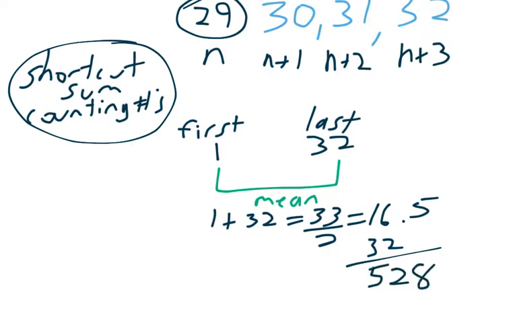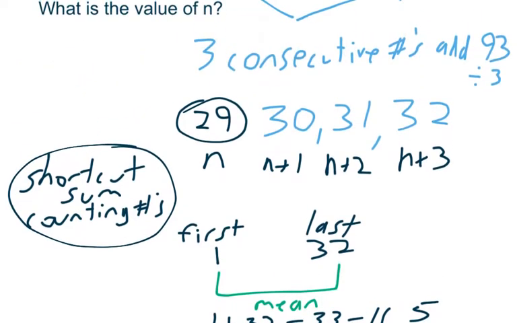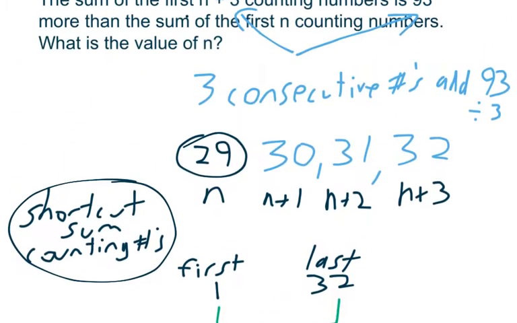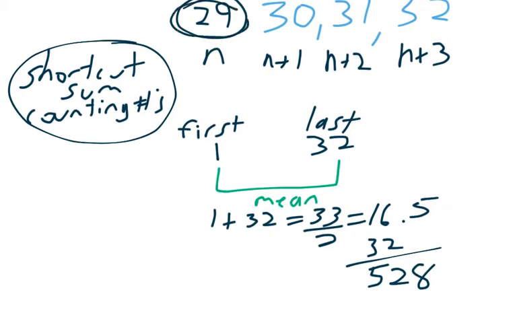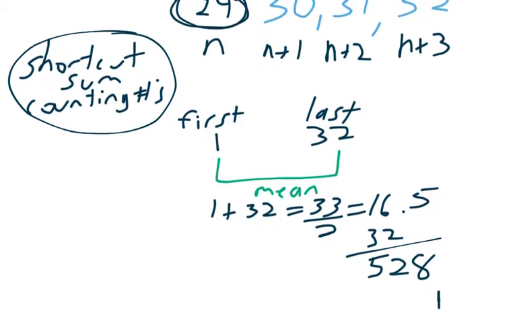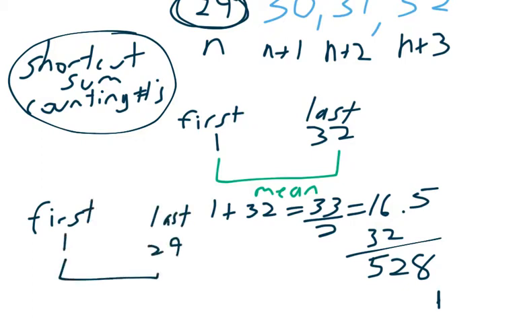And that's supposed to be equal to the sum of the first n counting numbers. Well, we said n is 29. So let's just check that and see if that's the same thing. So again, if the first is 1 and the last is 29, add those up and find their mean. So add them up, we get 30 divided by 2, because there are 2 numbers here.